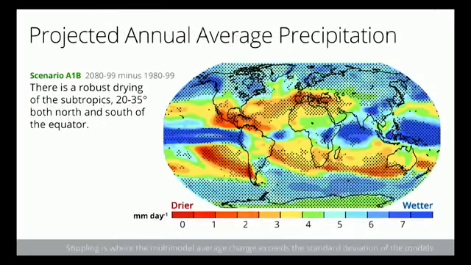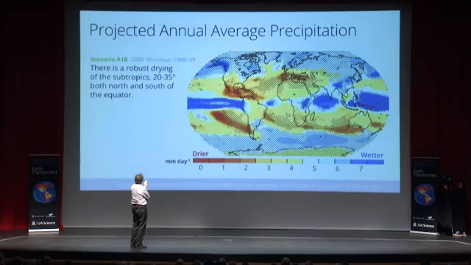Now, when it comes to precipitation, what do I want to say about this? The deep red with the black dots on it are places where we're pretty confident are going to get less rainfall. This number probably doesn't mean anything to anybody, and I don't need to tell you what it means.